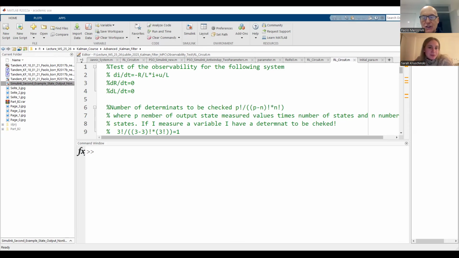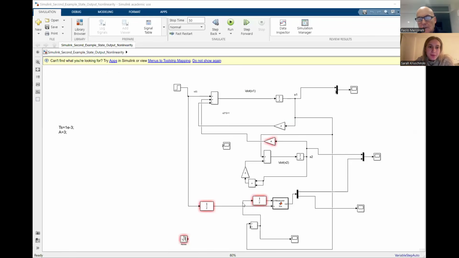Okay, look, now I share Simulink. Look, we can see exactly what I told you, that I have to put a value of A, which the Kalman filter does not know exactly because it must be estimated.